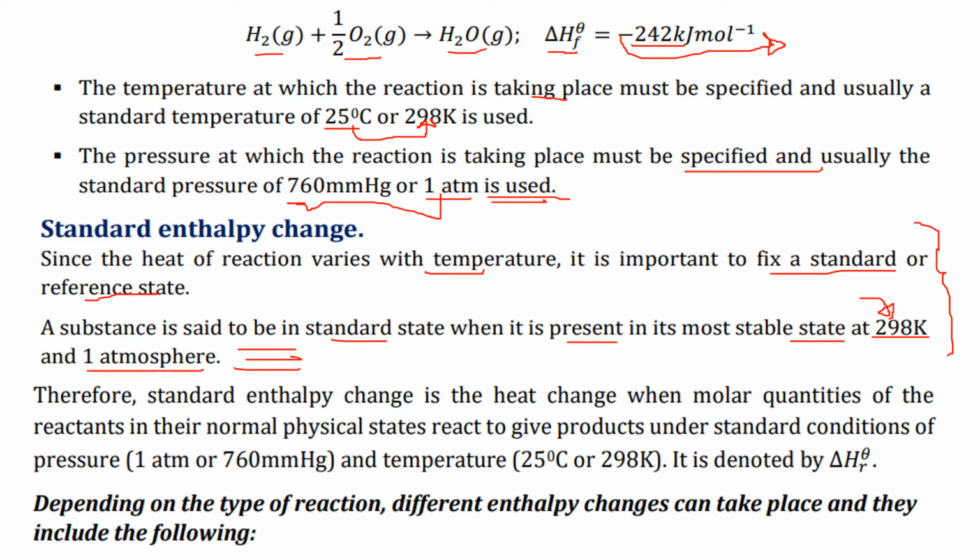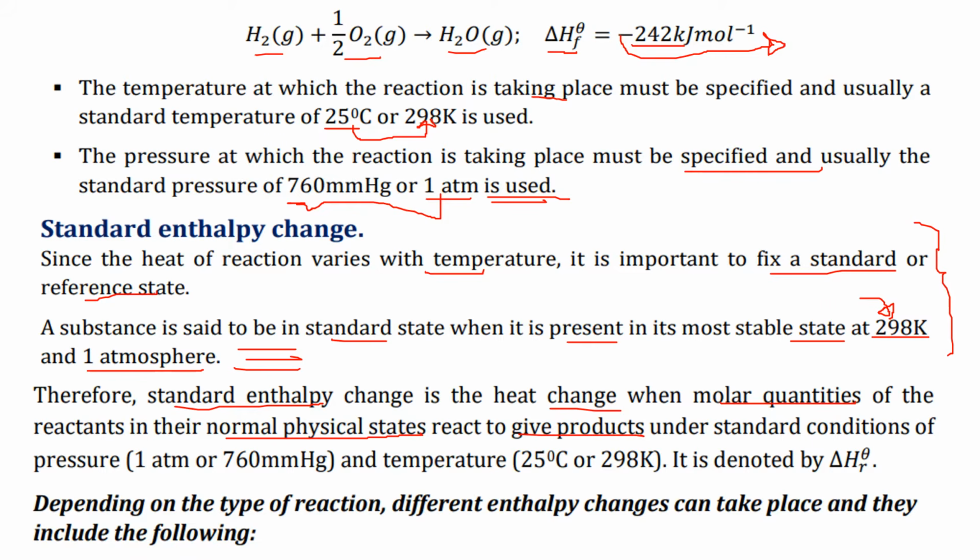So we define standard enthalpy change, or standard enthalpy of a reaction, as the heat change that occurs when molar quantities of the reactants, present in their normal physical states, react to give products under standard conditions.